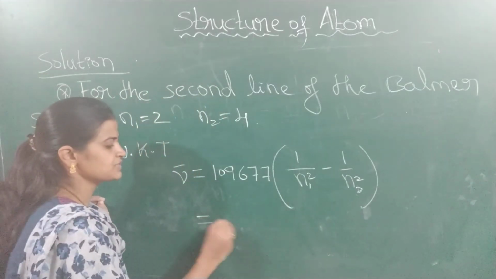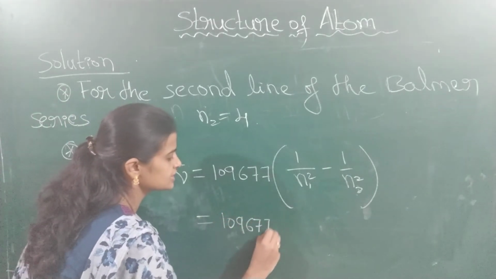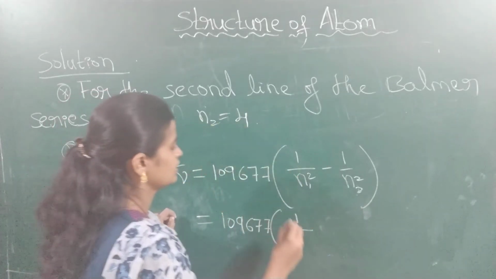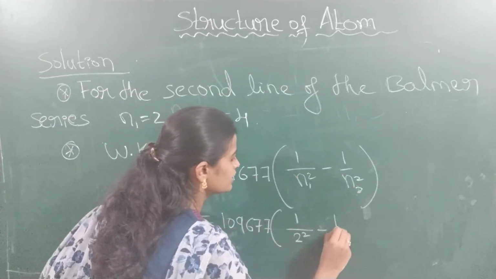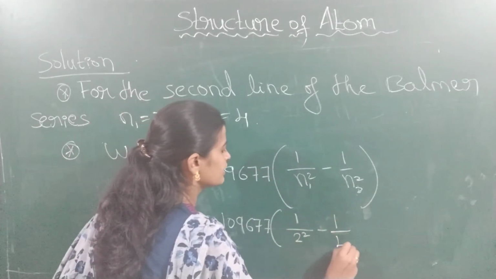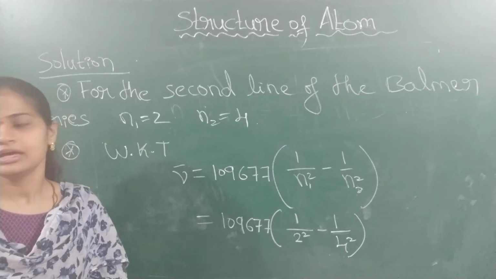Now you all can substitute and calculate. It is 109,677 times (1 by n1 square, that is 1 by 2 square, minus 1 divided by 4 square). You can simplify this and tell me the answer.